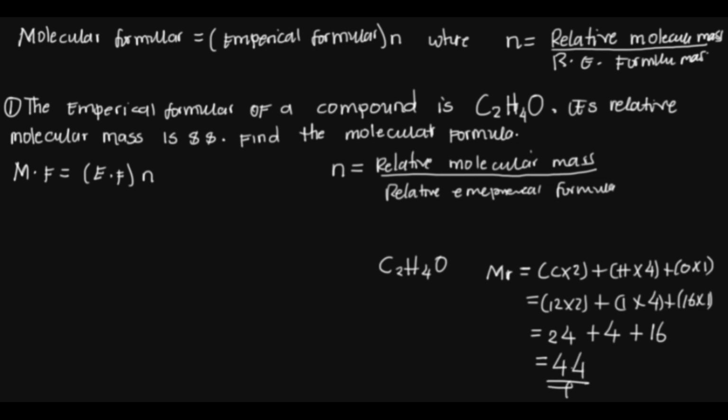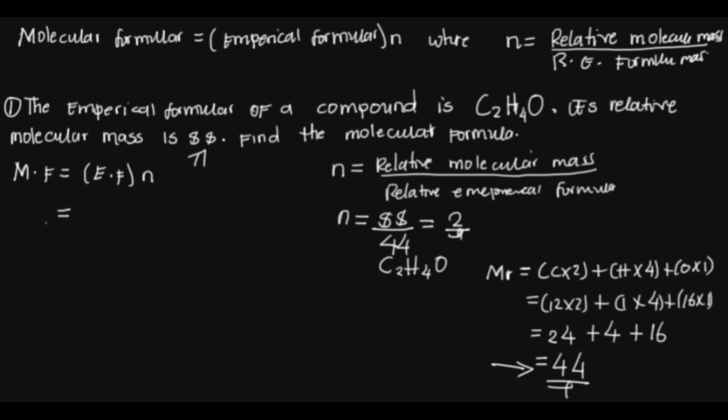So the relative empirical formula mass is 44. Now we can go back and find the value of n. The relative molecular mass we have been given is 88 over the relative empirical formula mass we have calculated, that is 44. So 44 into 88 is 2. So the value of n is 2.